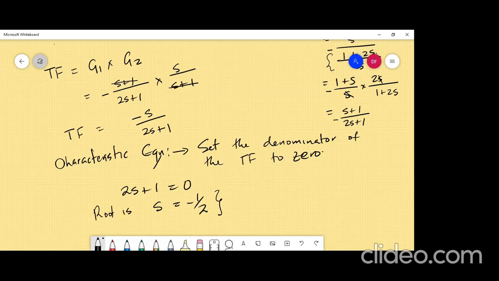So is that stable or unstable? So it's stable because the root is negative. Right, so the system is stable because the root is negative.